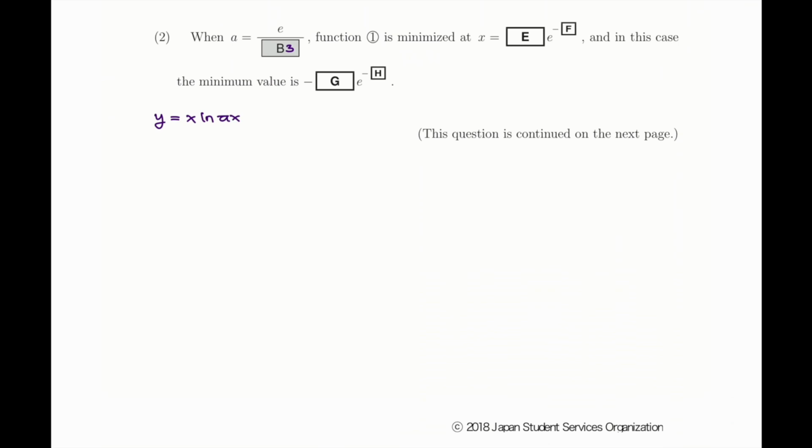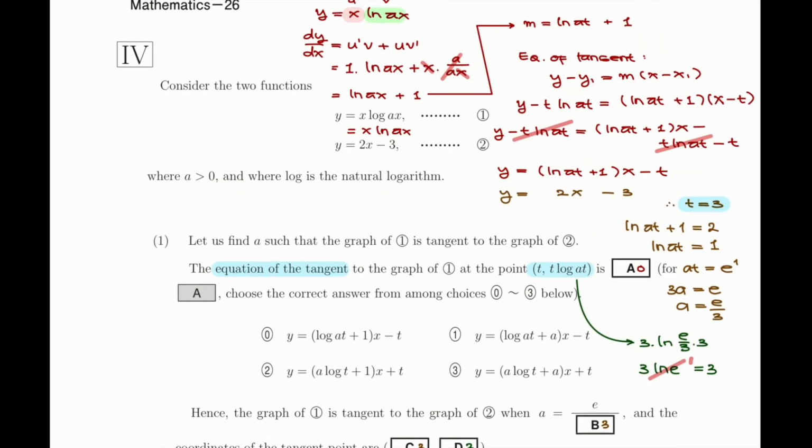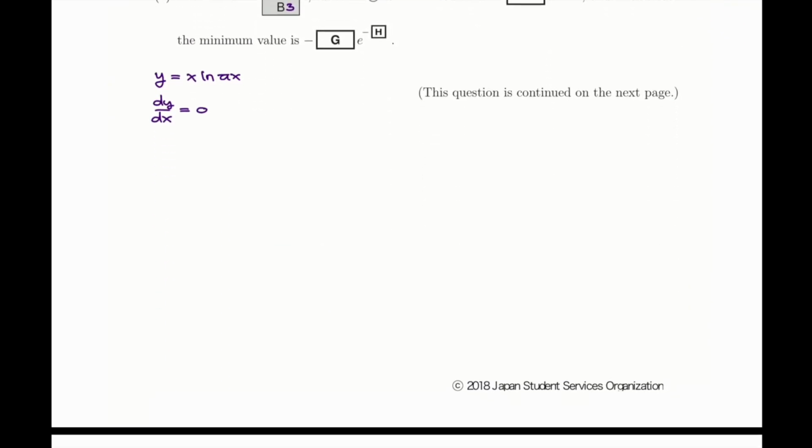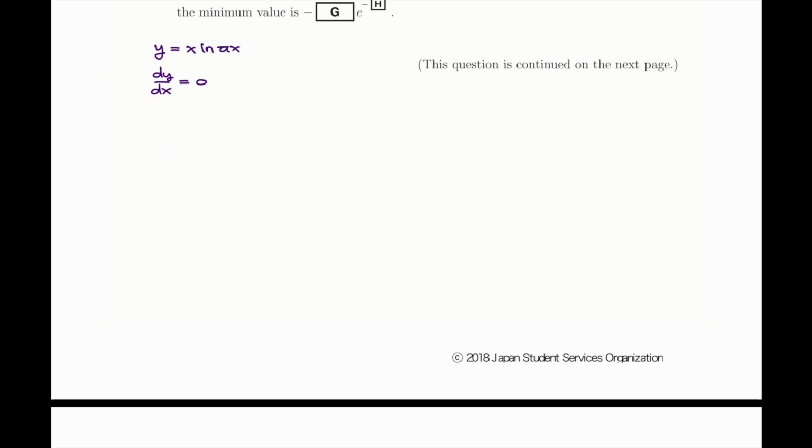The condition that must be satisfied for the function to be minimized is the first derivative must be equal to 0. We already found the first derivative. The first derivative is ln ax plus 1. So dy dx is equal to 0.